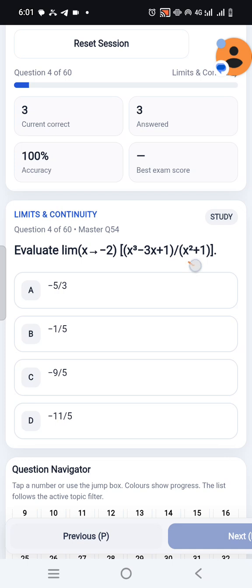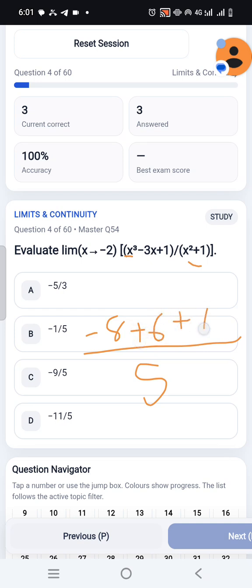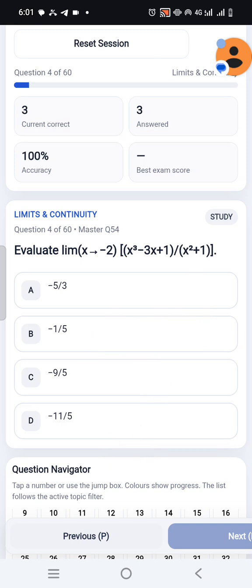Likewise, this denominator, if I put minus 2, is not going to give me 0. So that is minus 2 squared, that is 4 plus 1, 5. That is my denominator. For my numerator, minus 2 raised to 3 will give me minus 8. Minus 3 times minus 2 will give me plus 6, then plus 1. So 6 plus 1 will give me 7. Minus 8 plus 7 will give me minus 1, then all over 5. So B is the answer.